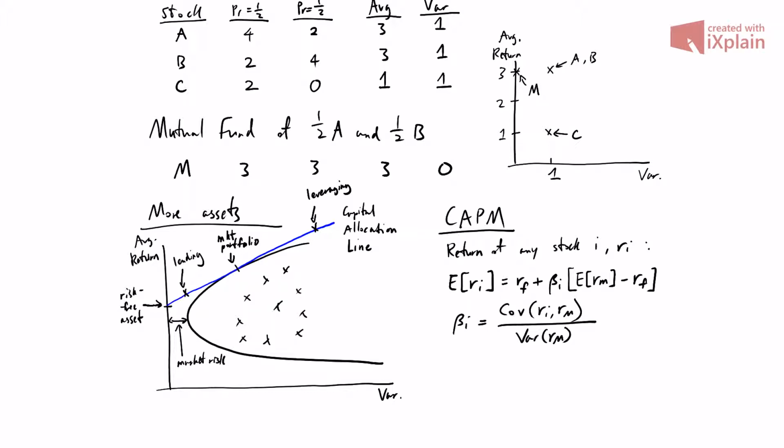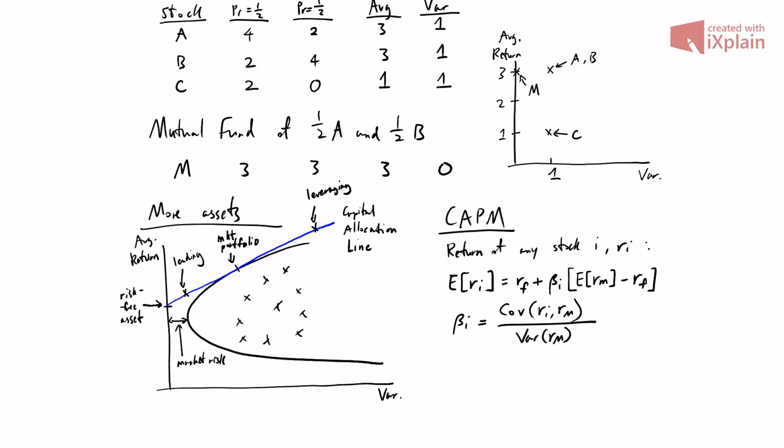But let's think about what this means. It says that this holds for any stock in the market. So why would a relationship hold for every stock in the market? The reason is everyone is holding the same stocks in proportion.